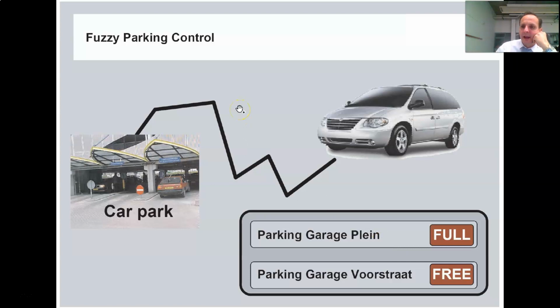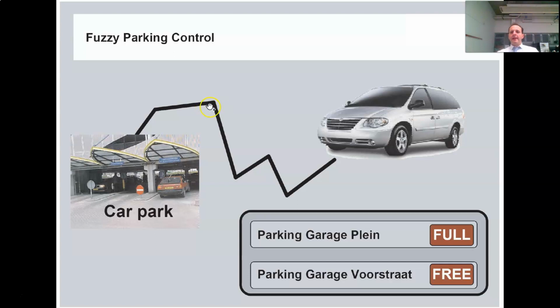Another interesting example of the use of a fuzzy system is fuzzy parking control, where fuzzy logic is used for integrating all the possible information, for example, on the weather, on the conditions, or the period of the year, of the hour.